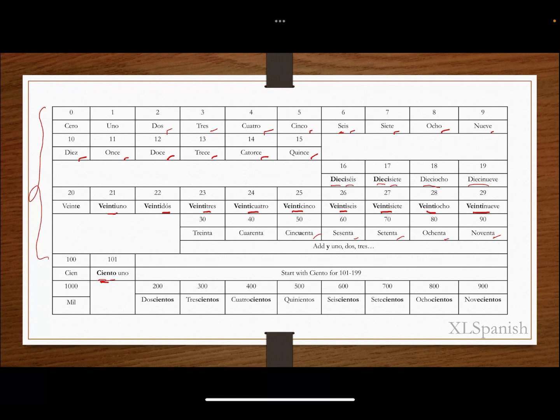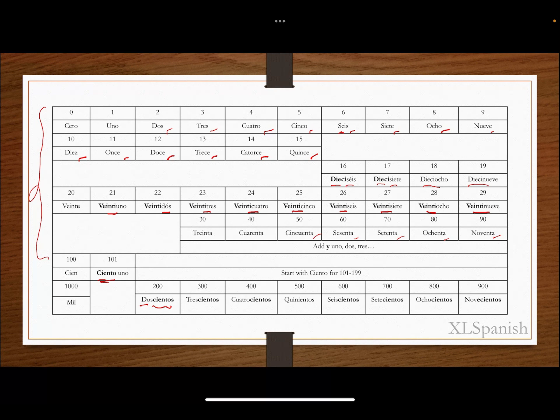Okay? When you get to 200, think of it as 200s. Doscientos. The ciento is now plural, right?